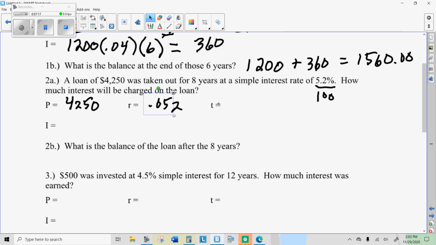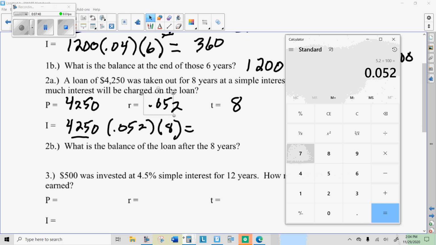And then our time is 8 years. So you're going to do 4,250 times 0.052 times 8 years. Get your interest, and then for the balance you're going to add the principal plus whatever you got for the interest.